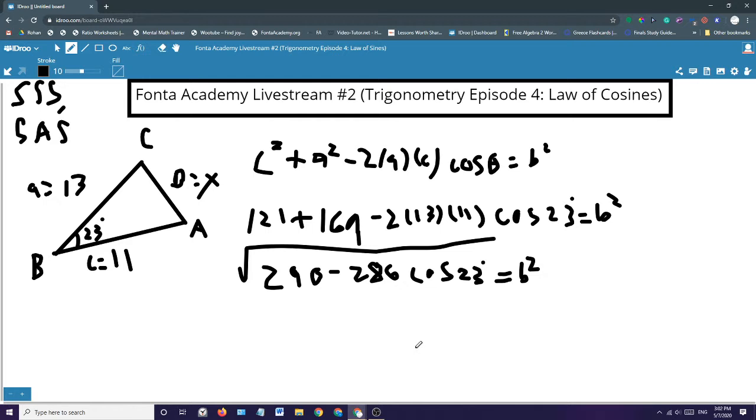Let's round it to the nearest tenth. So then B equals 5.2. Okay? So we are done with that.